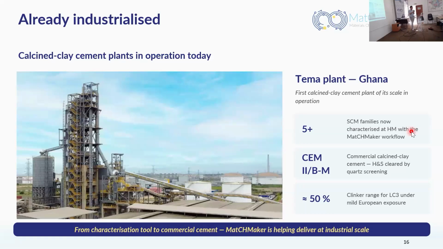And this is just one aspect, because then there's the business aspect. You have to see what the competition is. For instance, India has a lot of clay, but they also run a lot of coal power plants, which means they produce a lot of fly ash, which is also one of the SCMs that you can blend. So we have competition with other SCMs on the market. China is the same.